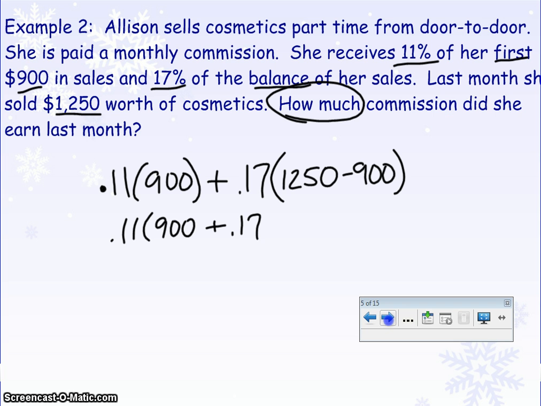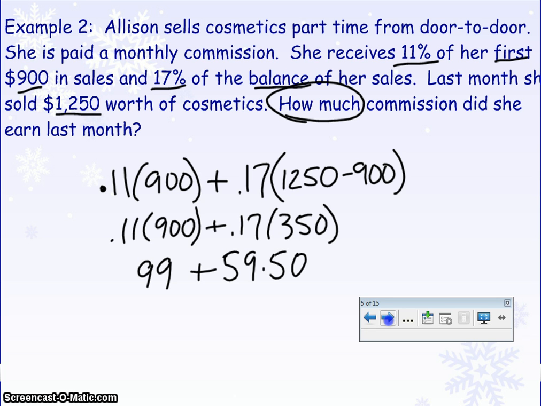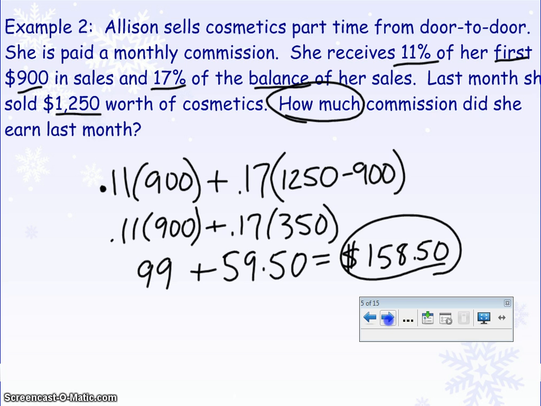And then it was 17% of the second portion, and it came out to $350. Well, 11% of 900 turns out to be $99. And 17% of 350 is $59.50. So total, Allison earned $158.50.